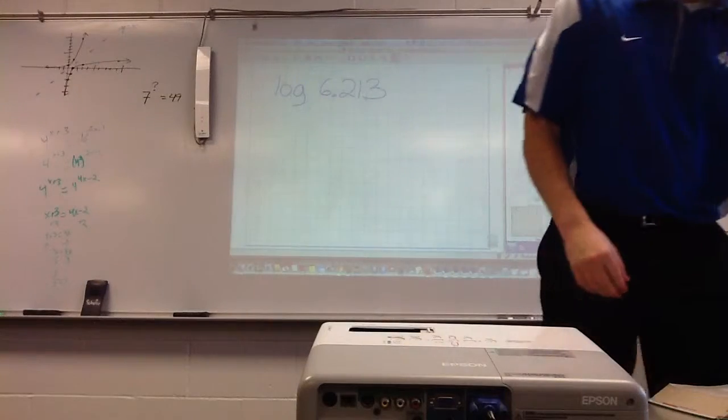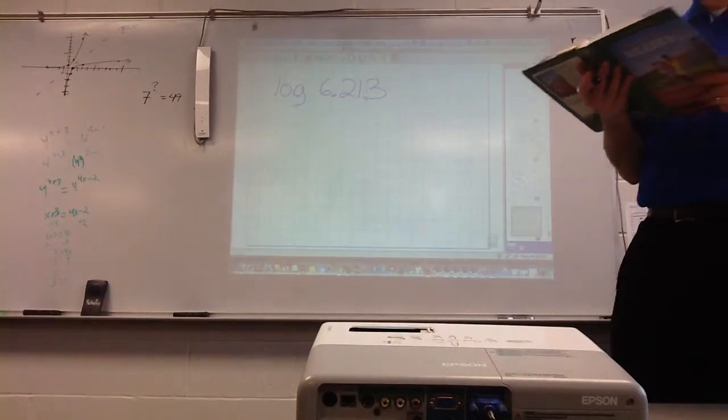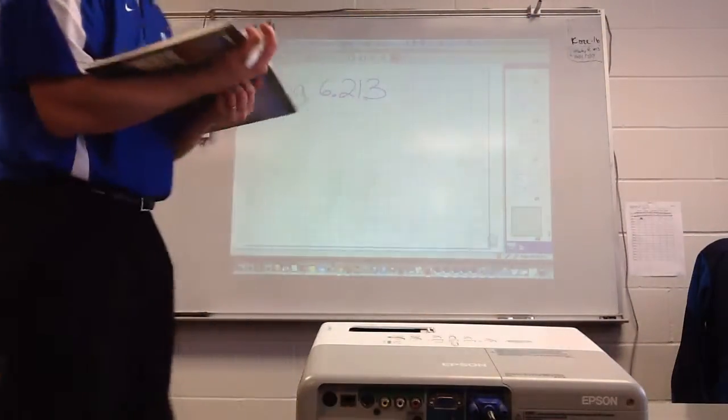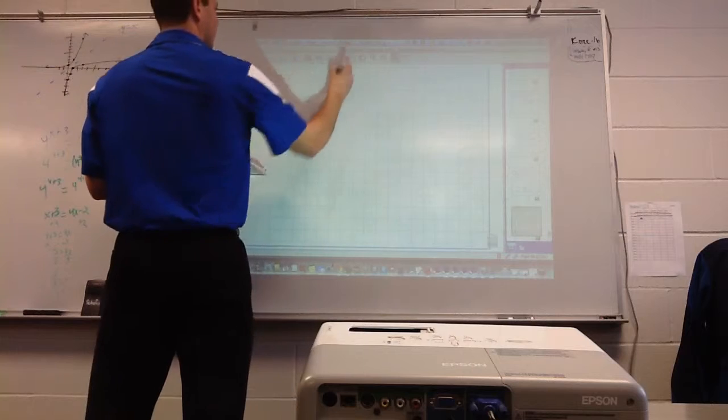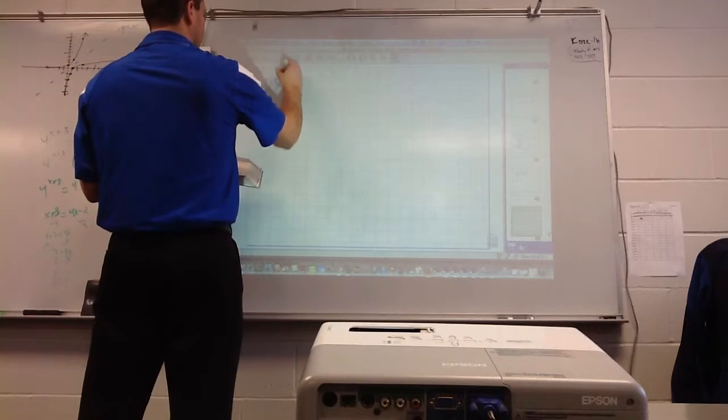Some of the problems we have not done are from the next part, which says using inverse properties. So, you guys are doing the odd ones, I'll do some even ones here.